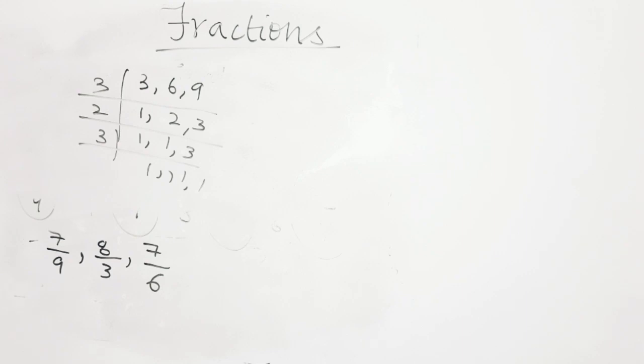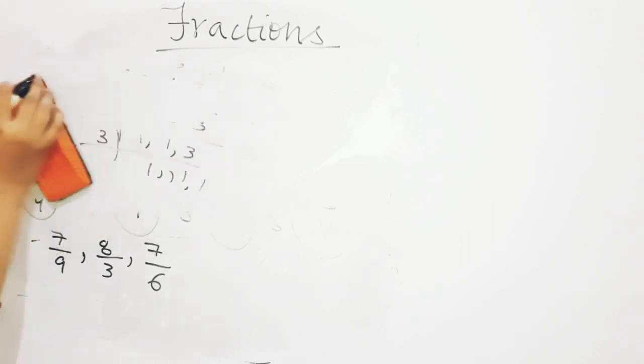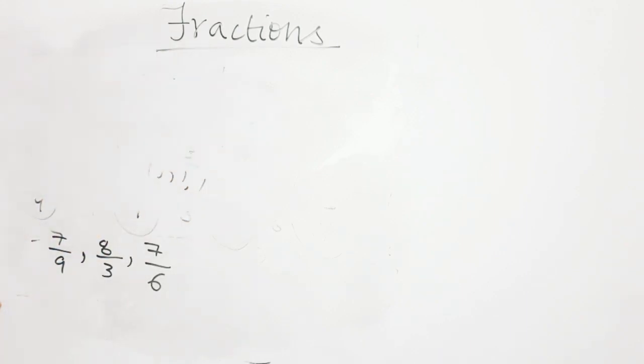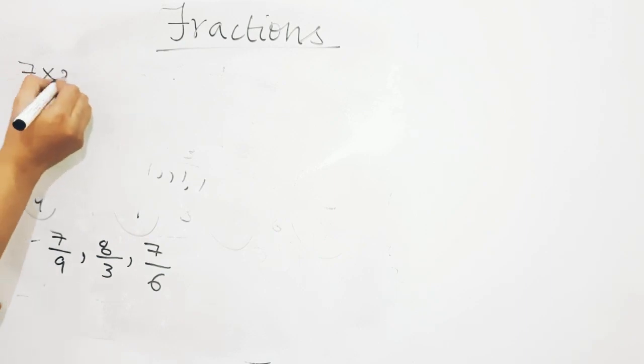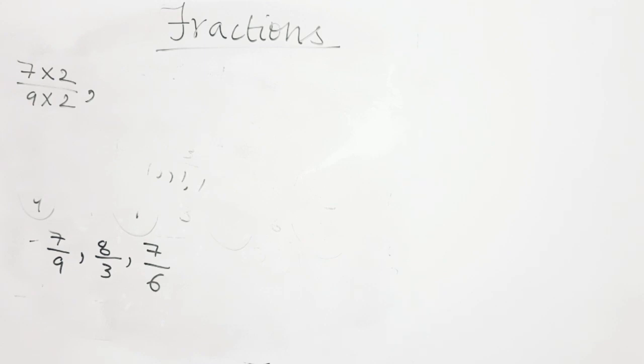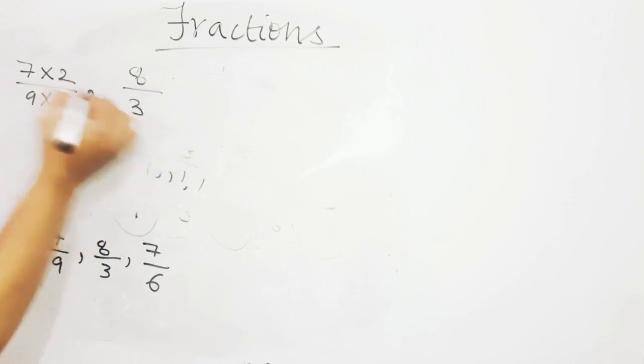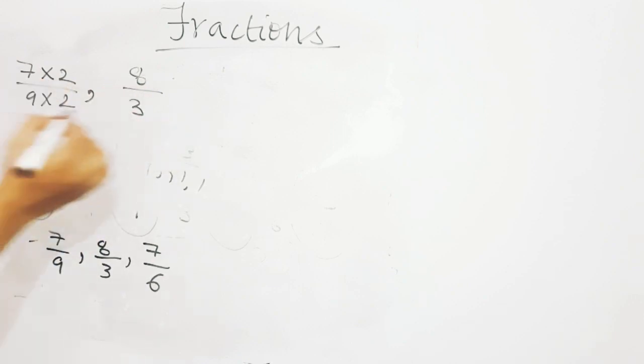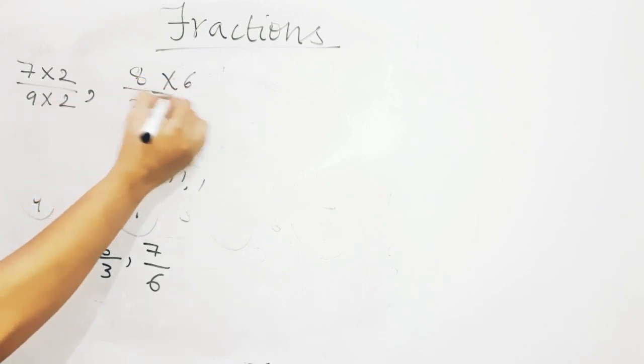Now to make it 18, in 7 upon 9, if you want to make 9 into 18, with which number will you multiply? Whatever you multiply in the denominator, by the same number you have to multiply in the numerator also. Now coming to the second one, 8 upon 3. To make it 18, 3 has to be multiplied by 6, so we multiply the numerator by 6 also.